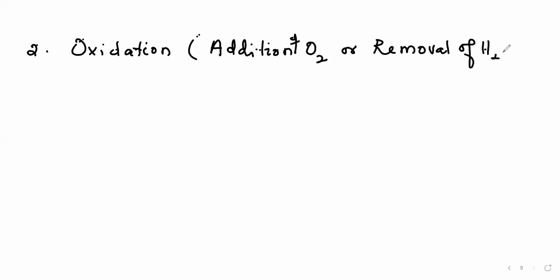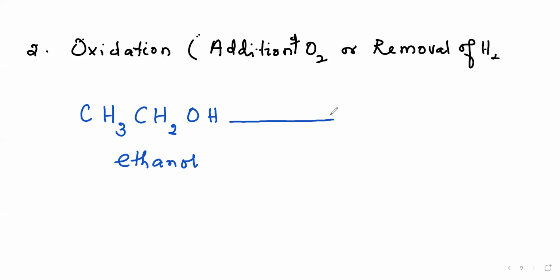Let's see CH3CH2OH. This is ethanol. When we oxidize this, oxidation takes place in the presence of an oxidizing agent. The oxidizing agents are either alkaline KMnO4, or acidified K2Cr2O7.